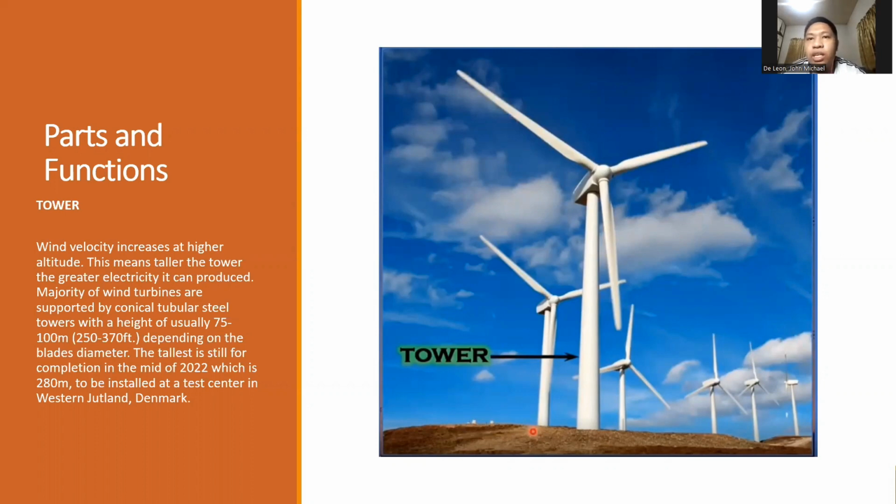The tallest is still up for completion in the mid of 2022. So 2022, ngayon na rin yun, mid, which is 280 meters. Parang almost triple nung usual na laki, to be installed at a test center in Western Jutland, Denmark. Sa Denmark. Okay, next.